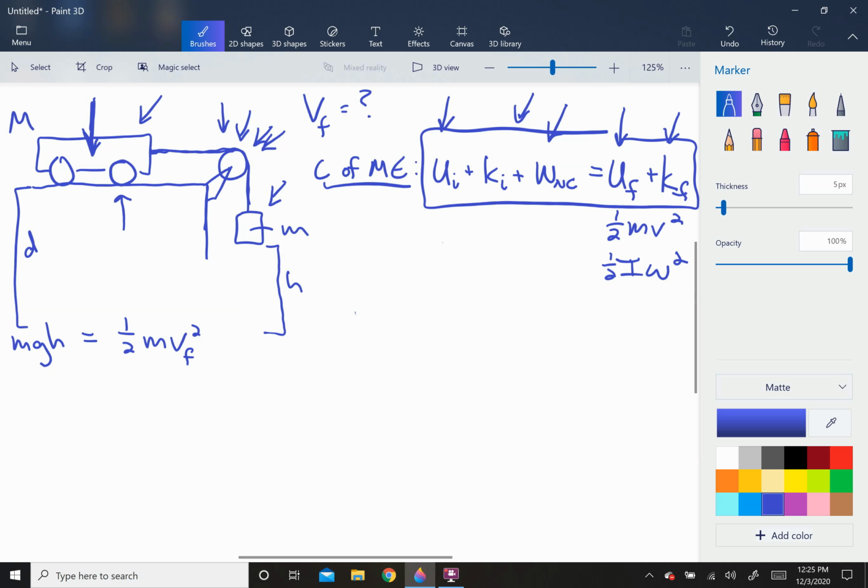Now the cart has all these different parts, but all of those parts are moving together. The cart doesn't change shape or anything like that. So all the parts are moving together with this speed Vf.